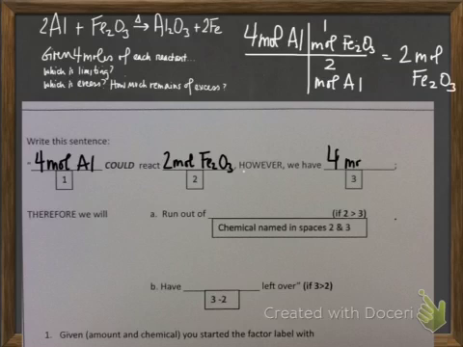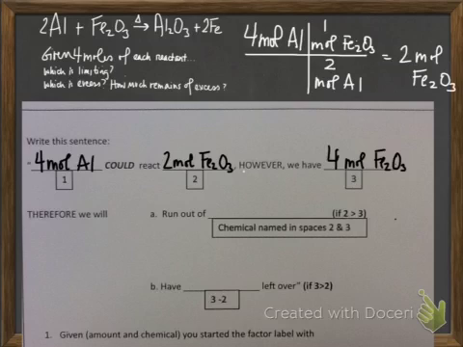So this is 4 moles Fe2O3. So the first part of our sentence just says 4 moles of aluminum could react 2 moles of iron 3 oxide. However, we have 4 moles of iron 3 oxide.